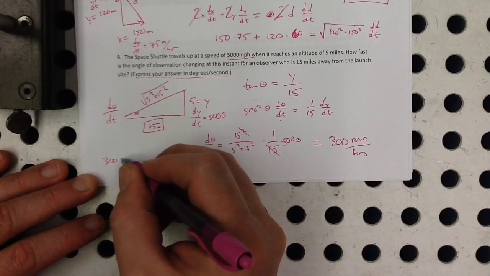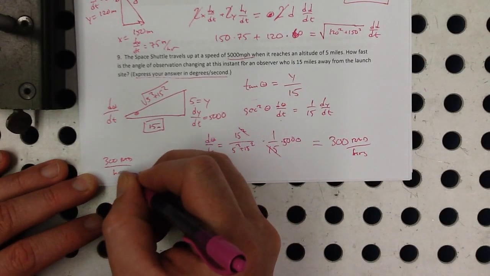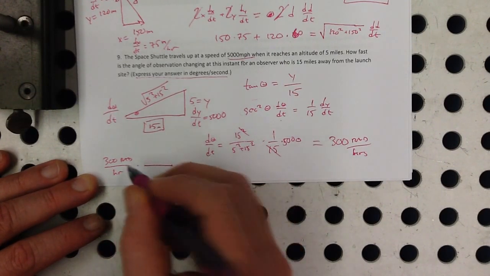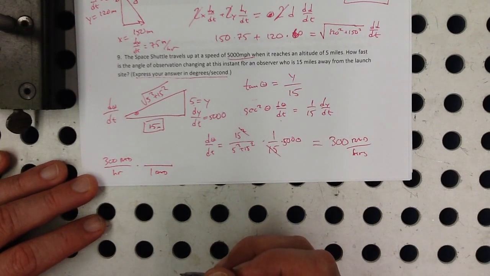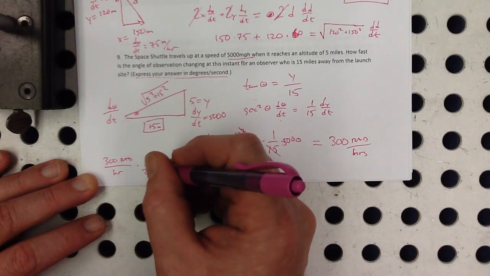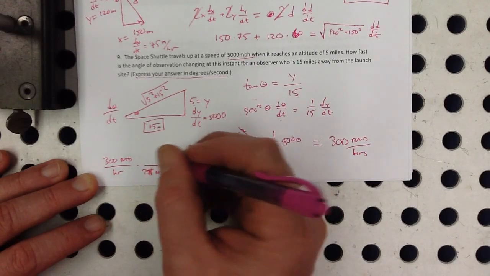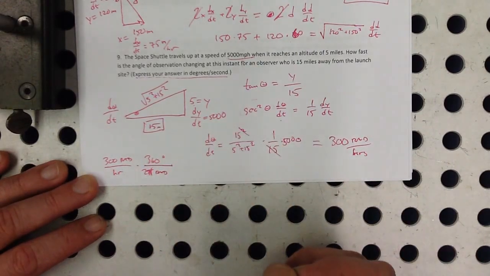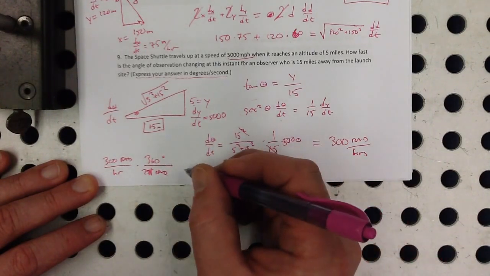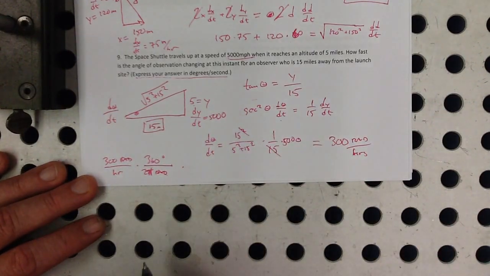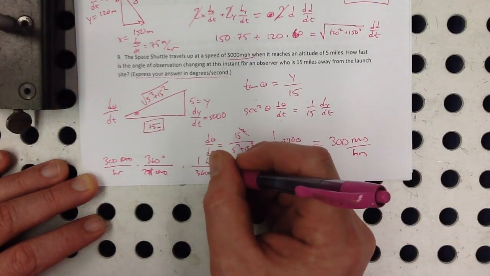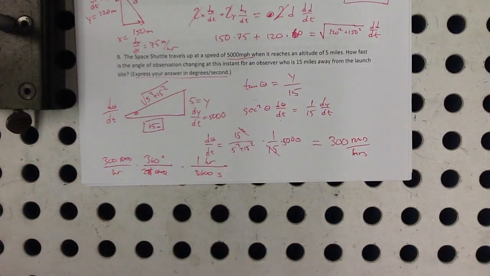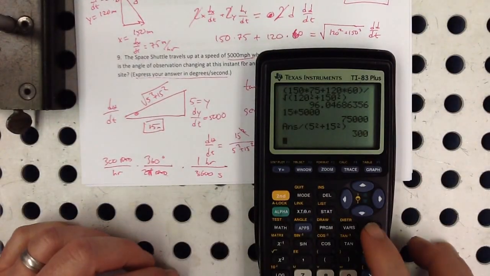So 300 radians per hour. The conversion for radians: 2 pi radians is 360 degrees. And then from hours to seconds, 1 hour is 3,600 seconds. So let's see if we can do that.